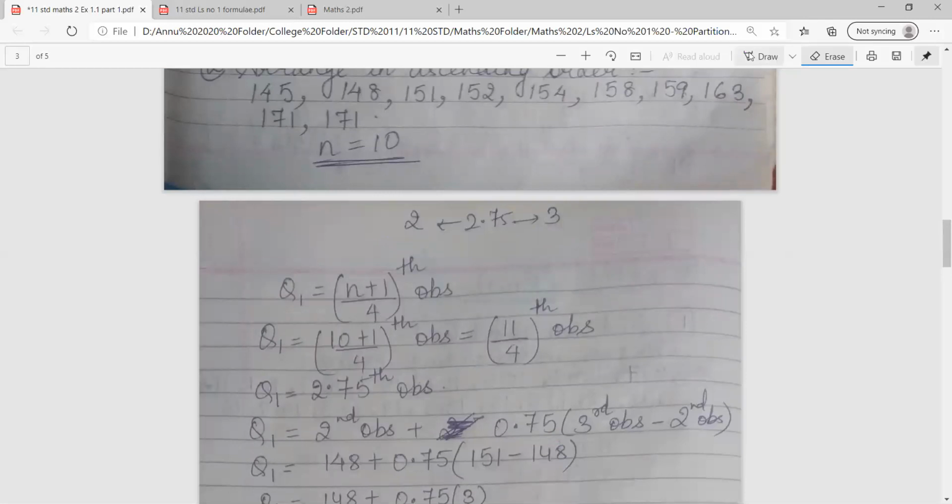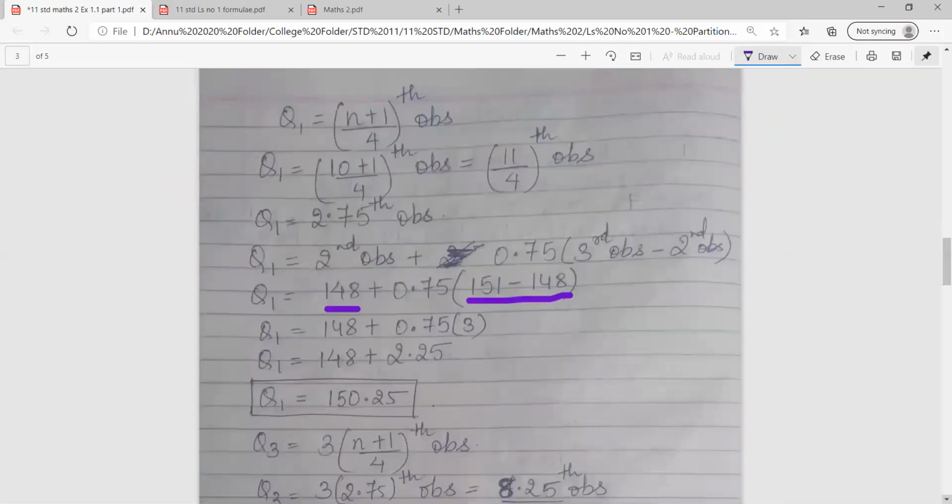Can you observe over here, class? So in place of second observation, I have written 148 plus 0.75 bracket open, the third number is 151 minus 148. So 151 minus 148 gives me 3.